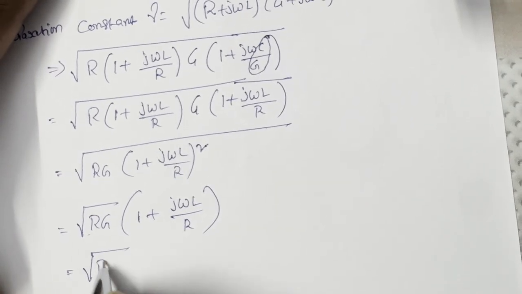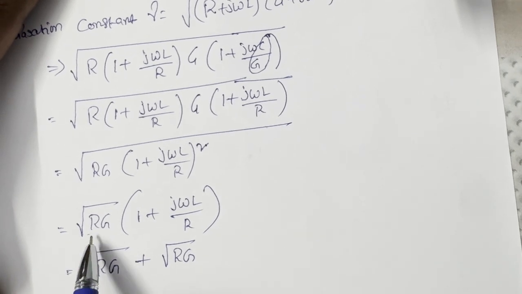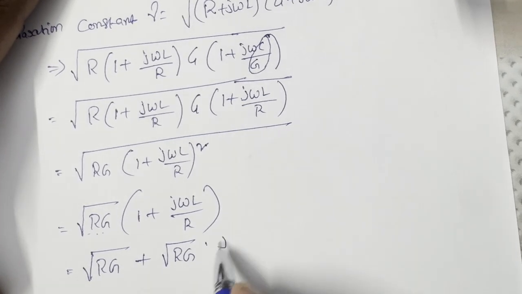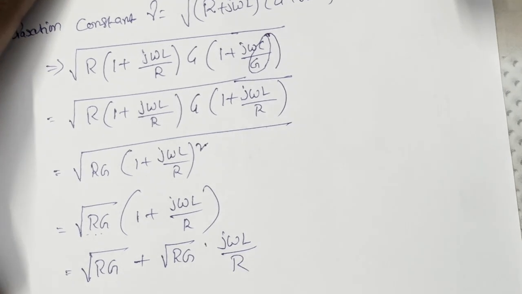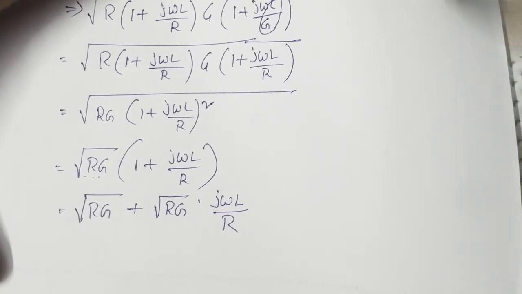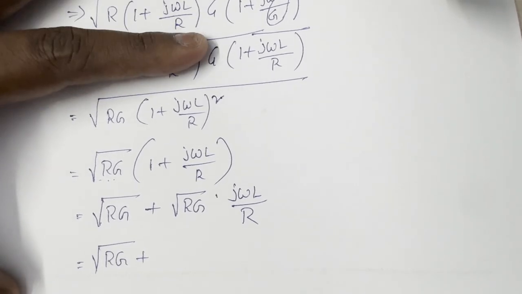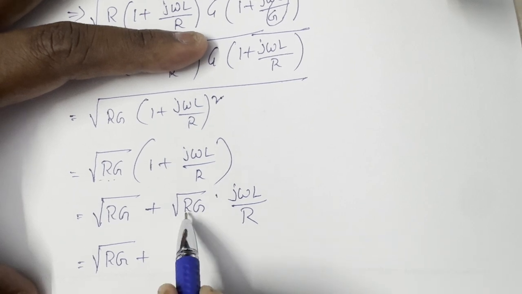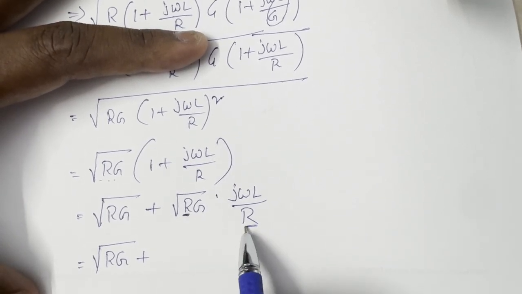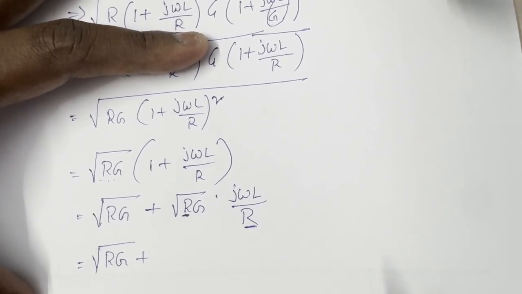So root RG into 1 gives root RG, plus root RG into j omega L by R. Then that equals root RG plus, here it is root R in the numerator and R in the denominator, so one root R gets cancelled.